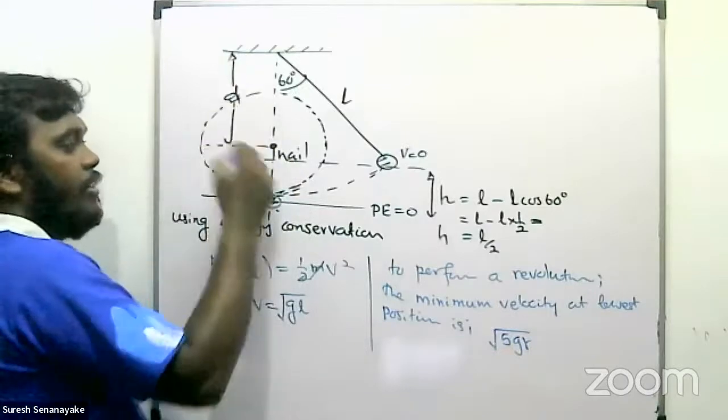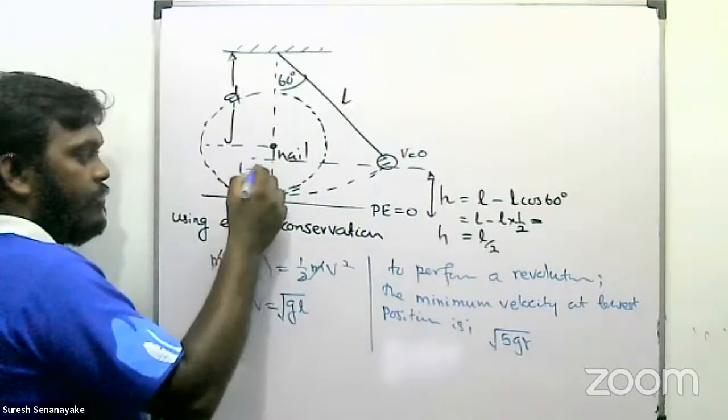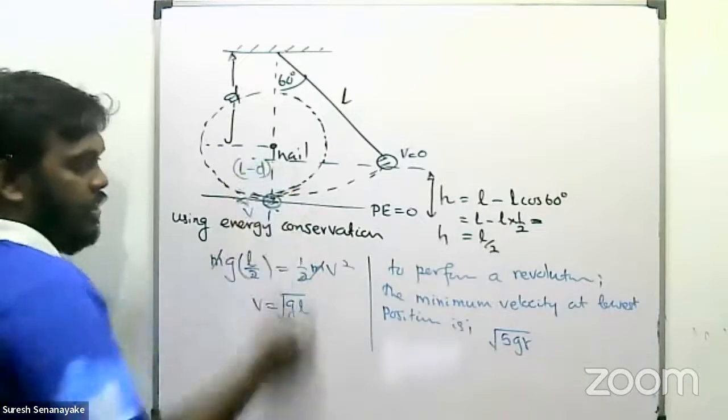This is d from here, that's L, and L minus d is the radius r.